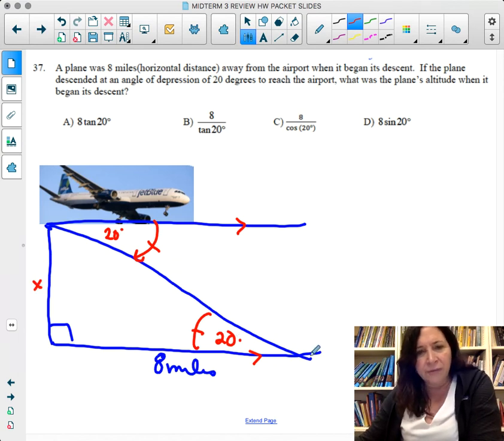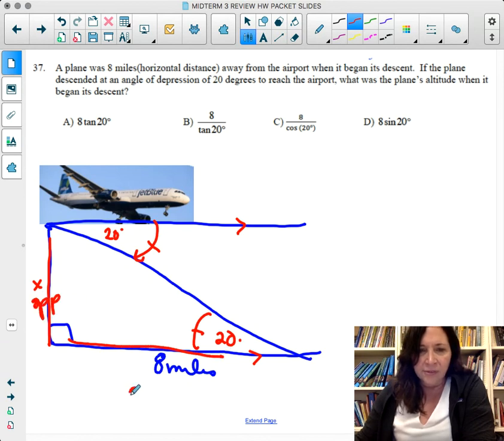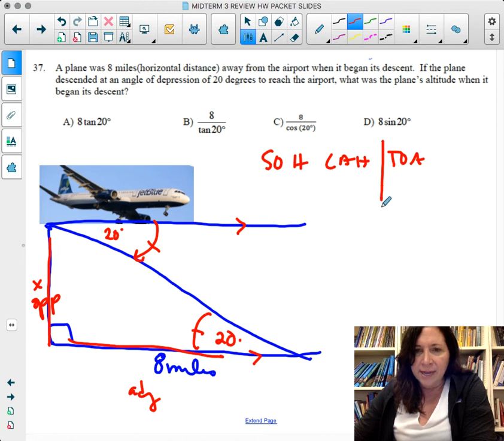You don't have the length of the hypotenuse. You do need the opposite side. You have the adjacent side. So this is the opposite. This is my adjacent. So you're going to say tangent. Remember your SOHCAHTOA? Tangent uses opposite and adjacent. But remember that when you write this, tangent, the angle is always here.